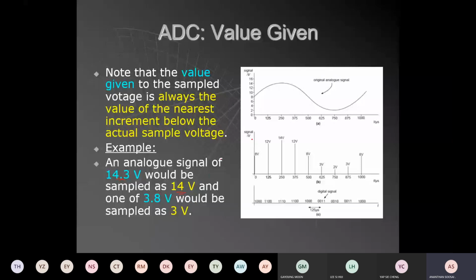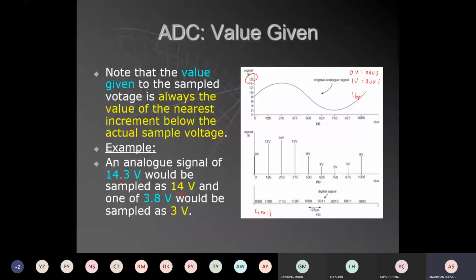Why? Because the digital, the 4-bit, this is called 4-bit digital, doesn't have any code for 14.3. You see, the maximum voltage is how much? 16. So every 1 volt has a code. 0 volt code is what? 0000. 1 volt, what is the code? 0001.